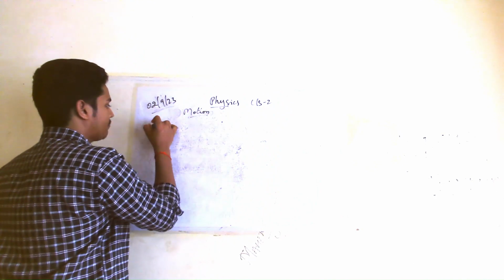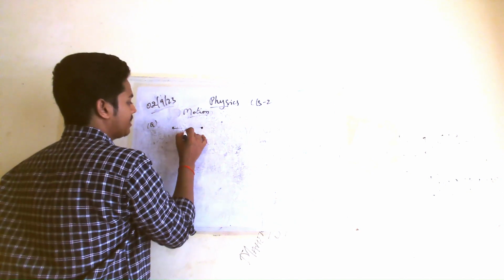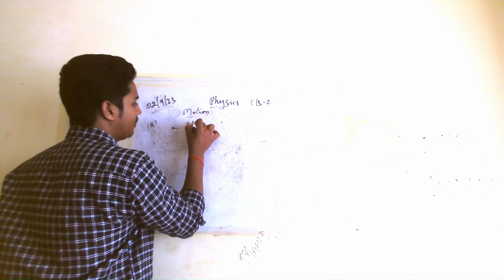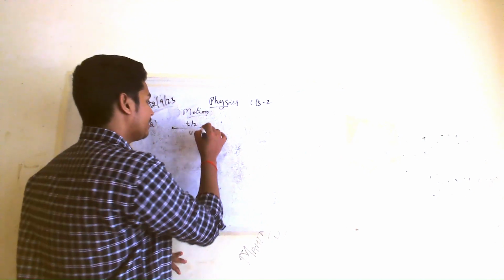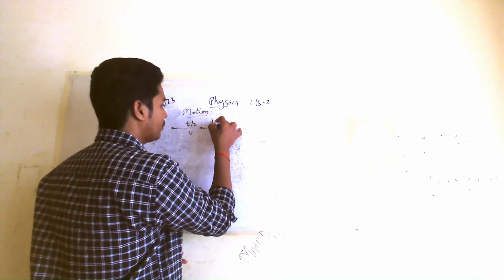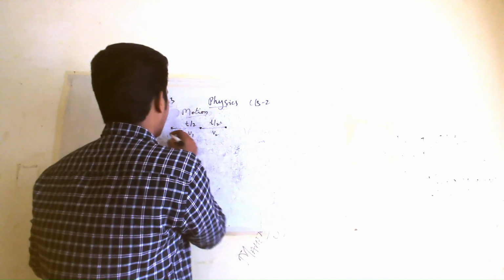The person travels half time t by 2 with speed v1 and the other half time t by 2 with v2, two different speeds. We need to find the average speed.